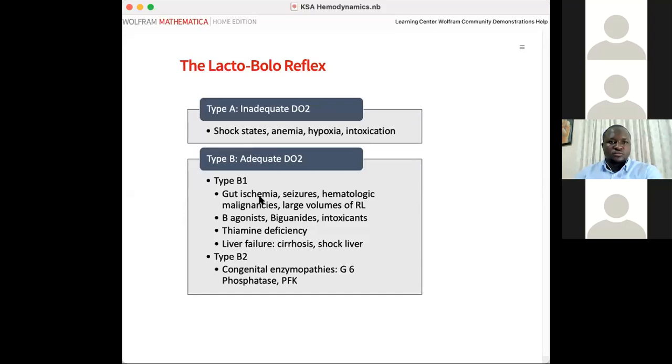Also renal vein thrombosis, hematologic malignancies, drugs like biguanides, beta agonists like adrenaline, liver failure, especially post-resuscitation shock liver, and of course patients who have congenital problems. So the presence of lactate should be the point at which you start thinking about what the cause of lactate is. It doesn't matter where the lactate comes from, because hyperlactatemia is always a very bad prognostic index.